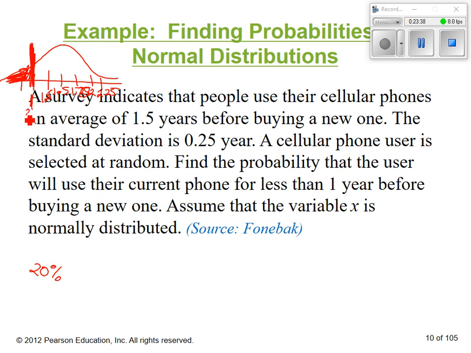So that'd be at 2 standard deviations below the mean. Well, anything that's more than 2 standard deviations below the mean, we know is what? Unlikely, right? So we should probably have a fairly low percentage here when we figure this out.